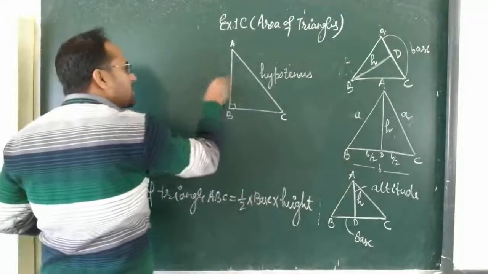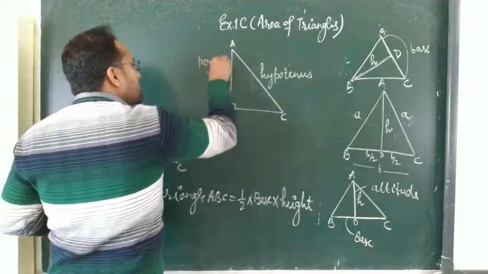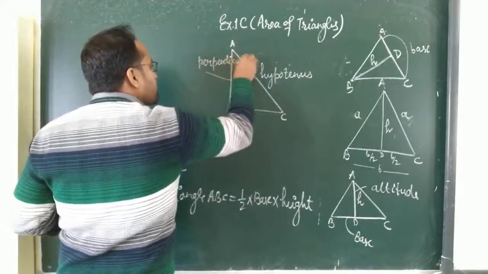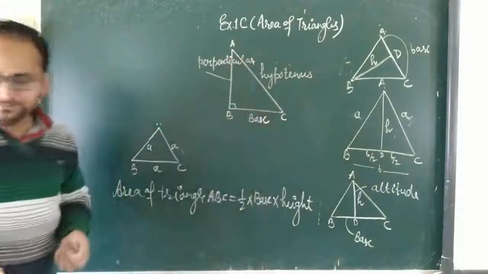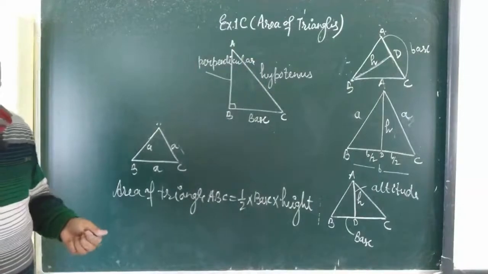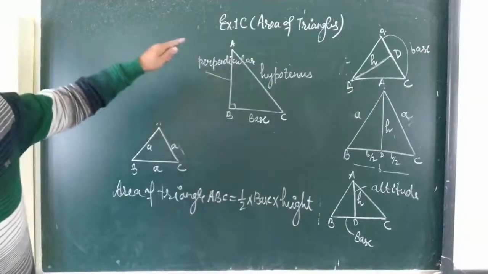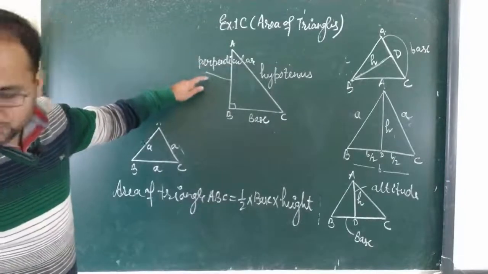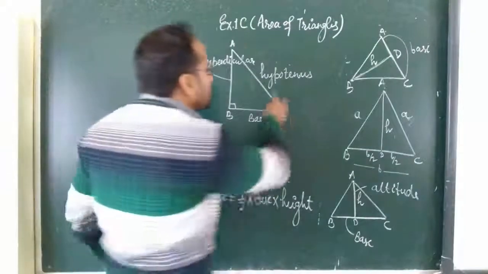This one is known as the perpendicular. This one is known as the base. This one is the hypotenuse.